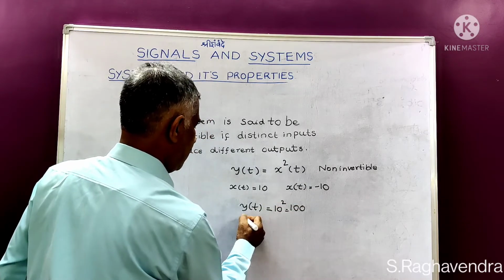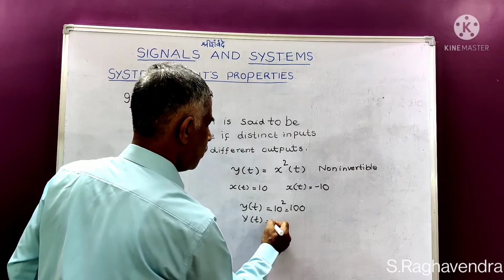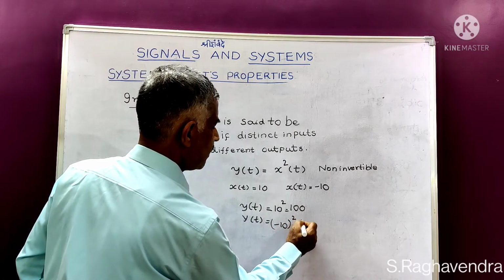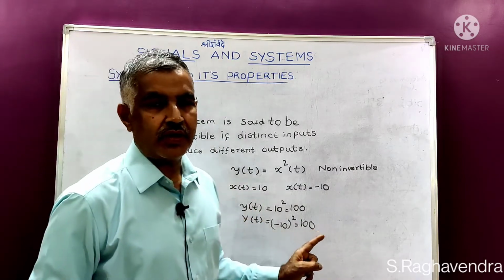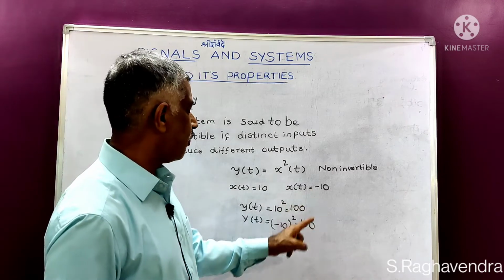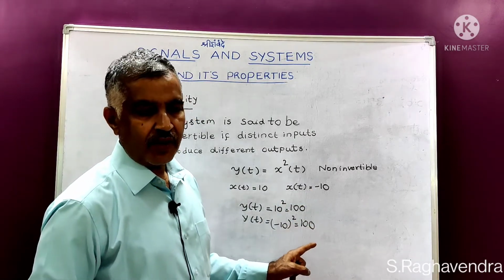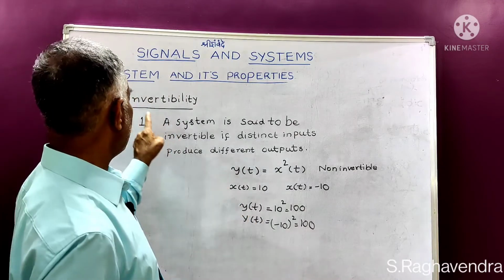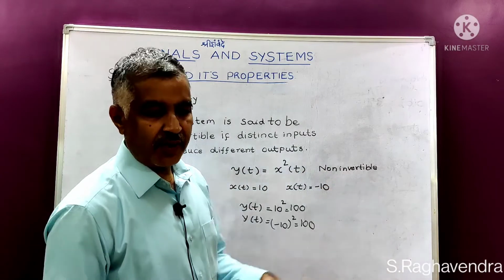Second case y of t equals minus 10 whole square, which is also 100. So no doubt the inputs are distinct, but they are producing the same output of 100. That means the system is not invertible. That is why we say non-invertible.